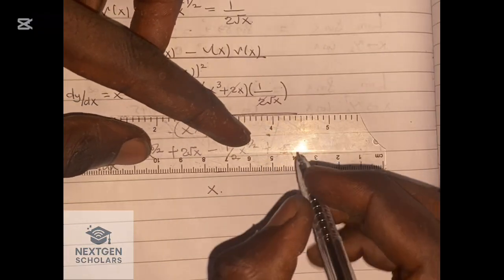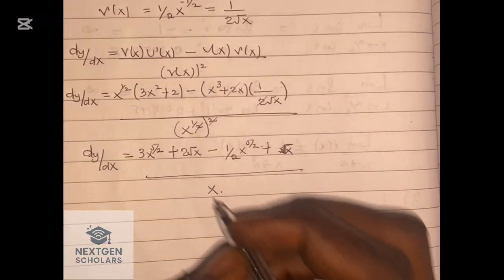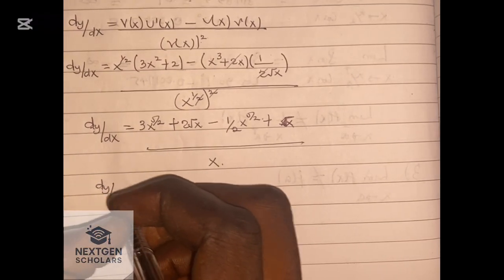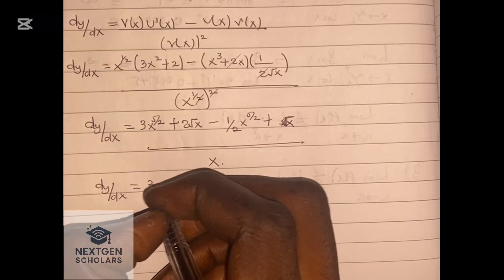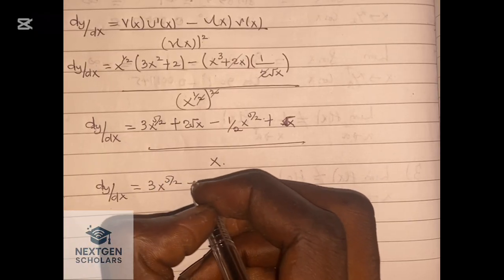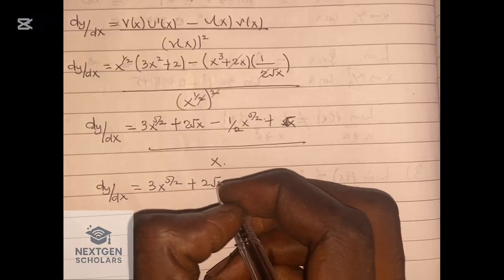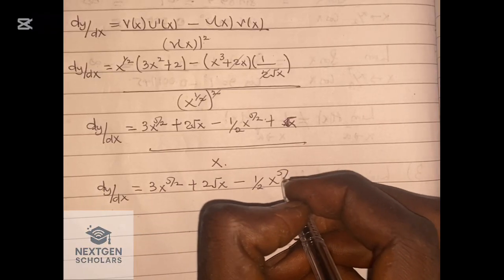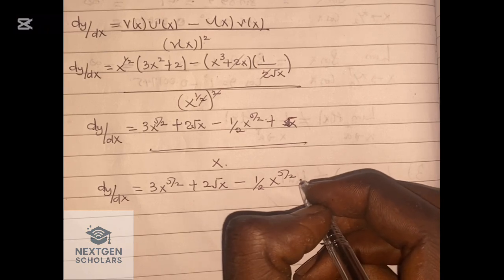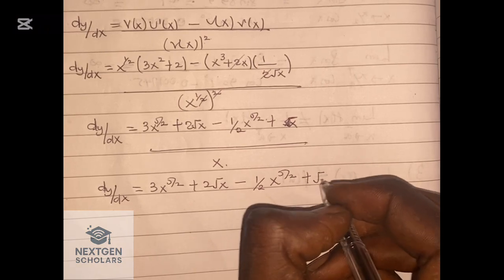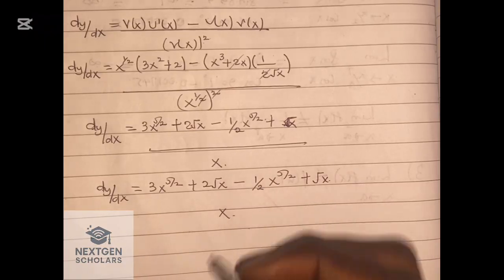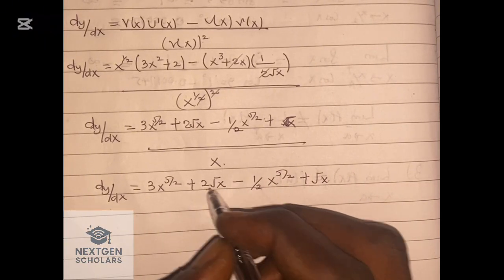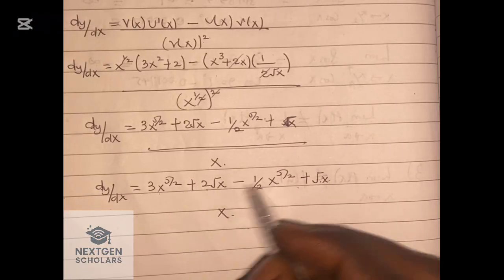Please let us always be careful while doing this. That means we'll have dy/dx equal to 3x to the power of 5 over 2 plus 2 root of x minus 1 over 2 x to the power of 5 over 2, plus root of x all over x. Now we have like terms here, and we also have like terms here.